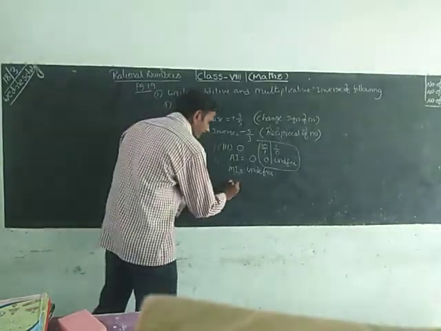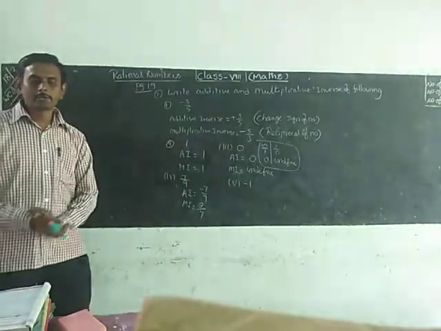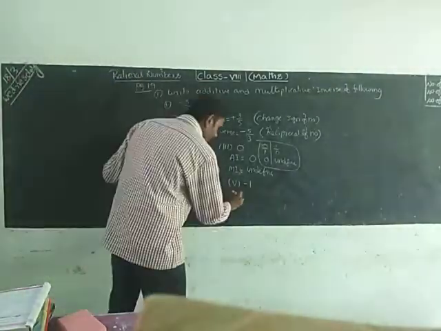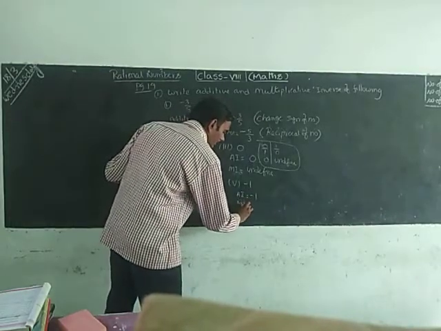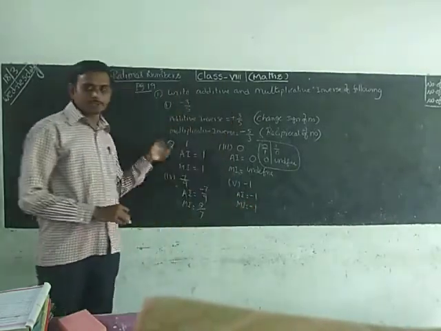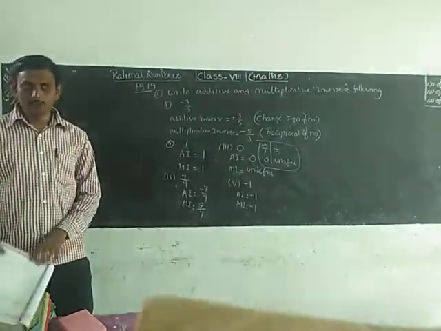Similarly, the fifth one, minus 1. Can you say what the additive inverse and multiplicative inverse of minus 1 are? The additive inverse of minus 1 is 1, and the multiplicative inverse of minus 1 is minus 1. That is completed. Okay, now we will go to the fill in the blanks.